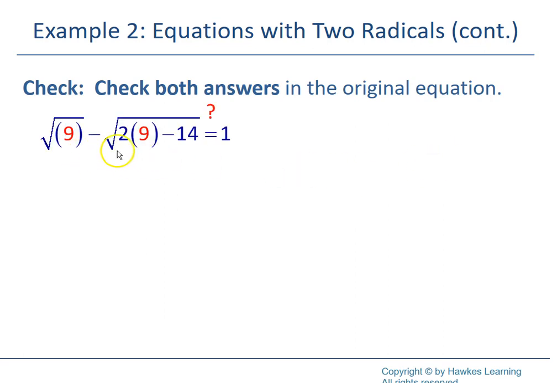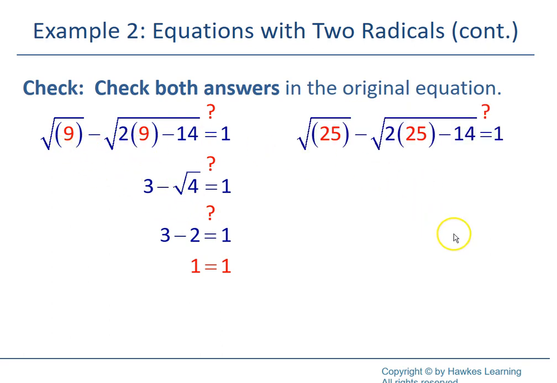So when we put 9 in there, we end up with 1 equals 1. So the 9 is a solution. When we put the 25 in there, we end up with negative 1 equals 1. This is not a solution.